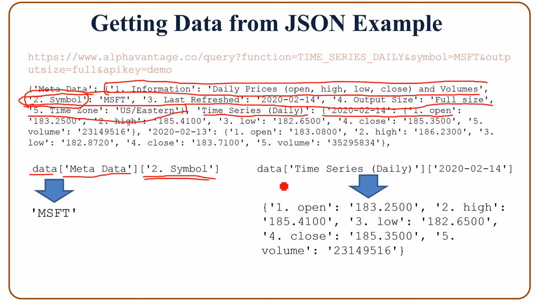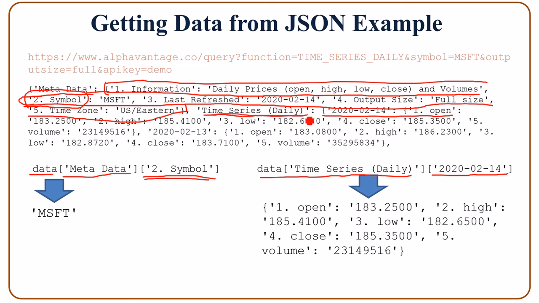So if we write data and give it the key time series daily, we get the dictionary. And if we want to access a specific day in that dictionary, then consider data time series daily as the dictionary. Then by giving the key 2020-02-14, we get all the data corresponding to that day, as we can see here.